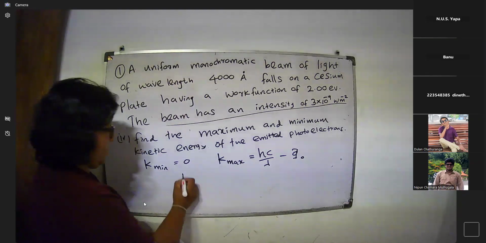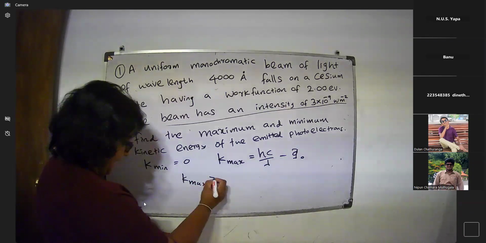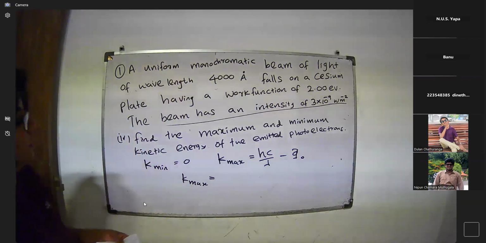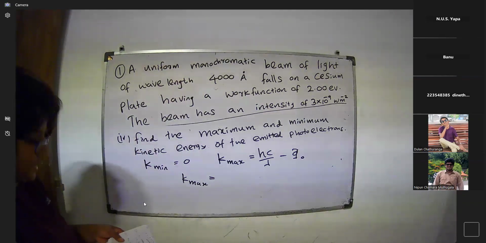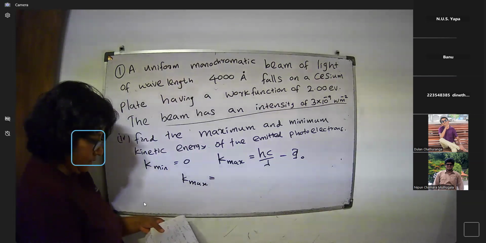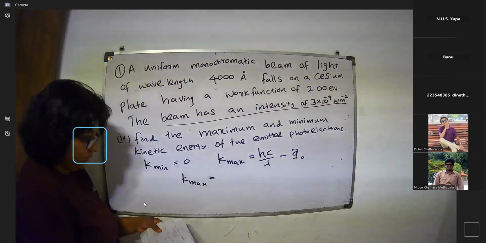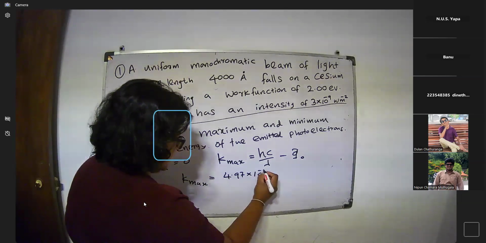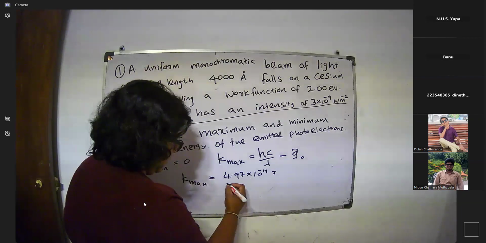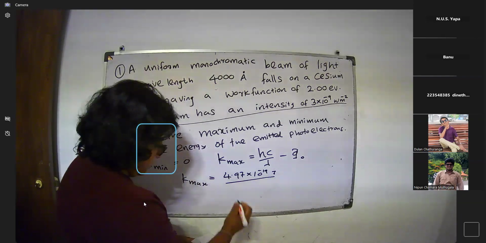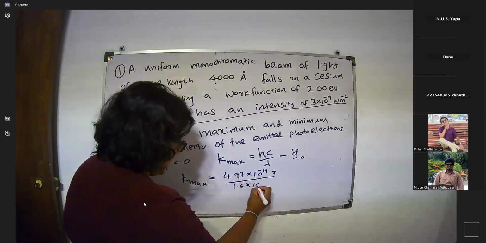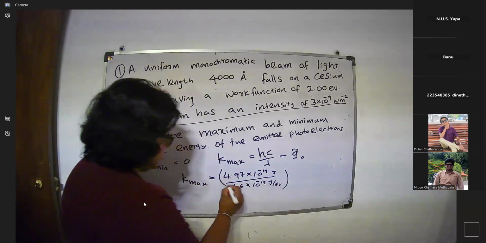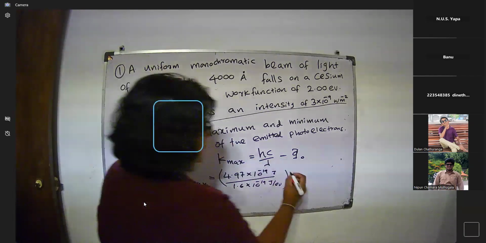Then K maximum can be found as hc over lambda. h is the Planck constant and c is the speed of light, giving 4.97 times 10^-19 joule. Then we have to convert joule to electron volts by dividing by 1.6 times 10^-19, and subtract phi naught.